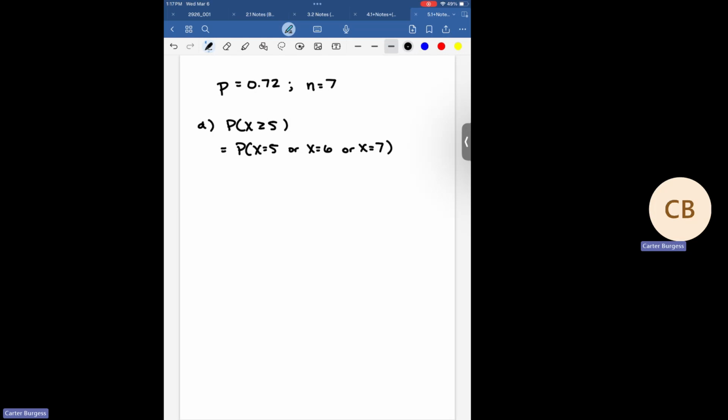We're going to add them together. Do I have to worry about overlap here? No, I can't get both exactly 5 successes and also exactly 6 successes. That's not going to happen. And so these are all mutually exclusive. We can just do the probability of getting 5 plus the probability of getting 6 plus the probability of getting 7.